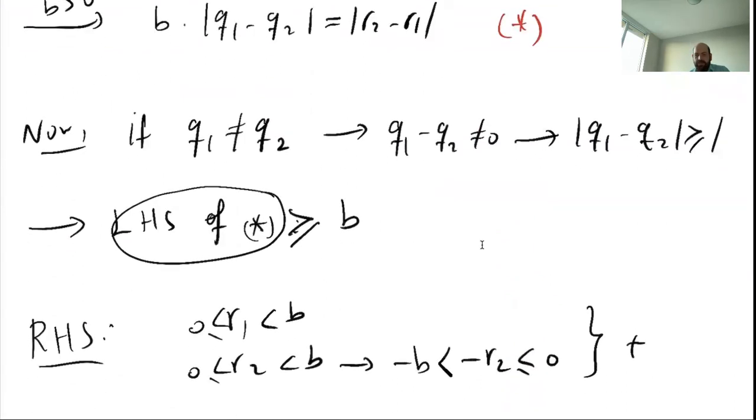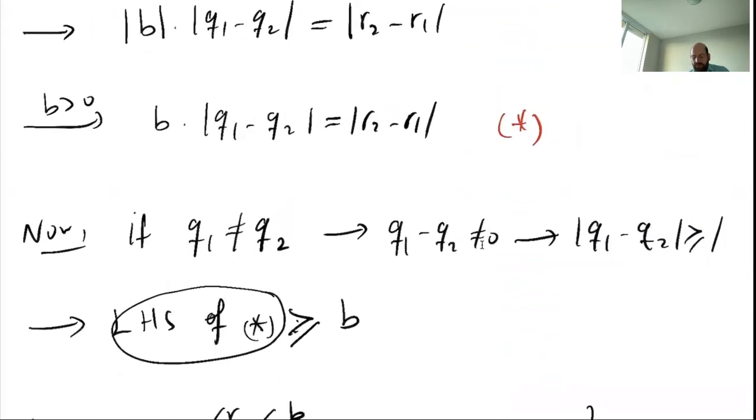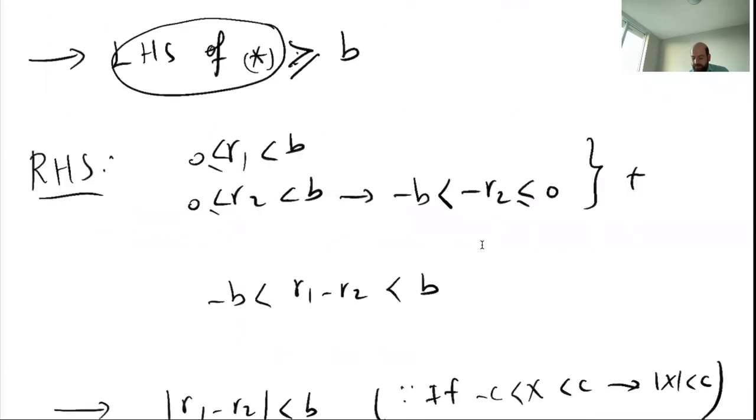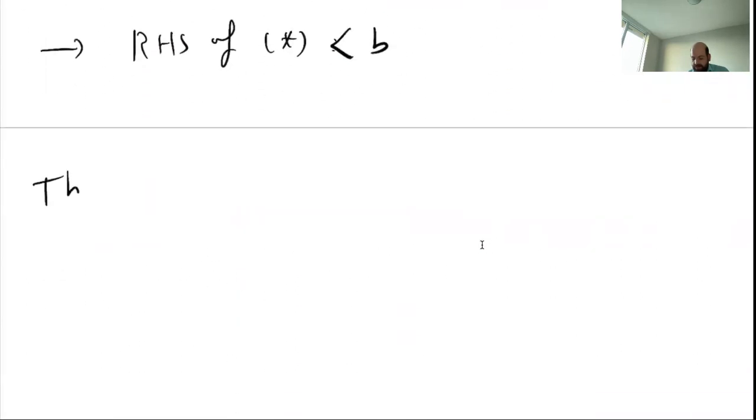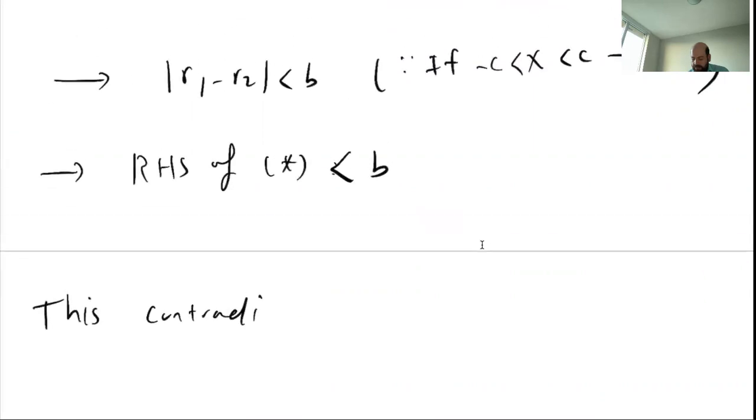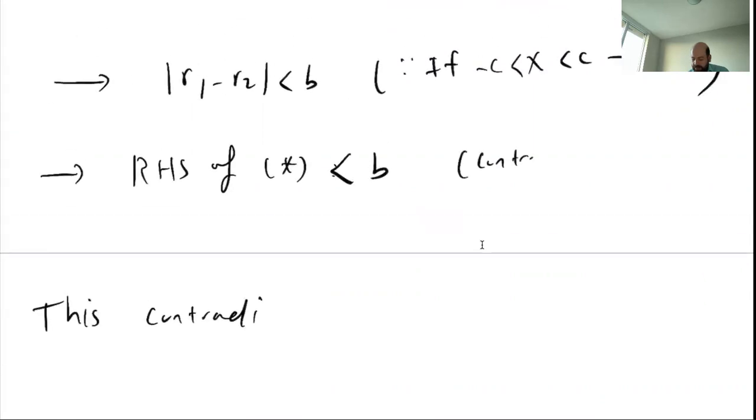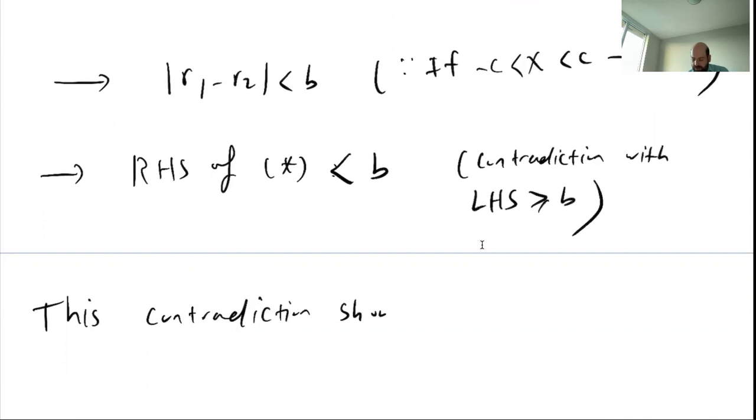Because then the left-hand side of this equation will be bigger than or equal to B, and the right-hand side is less than B. So that's a contradiction with the left-hand side being bigger than or equal to B. This contradiction shows that Q1 is equal to Q2.